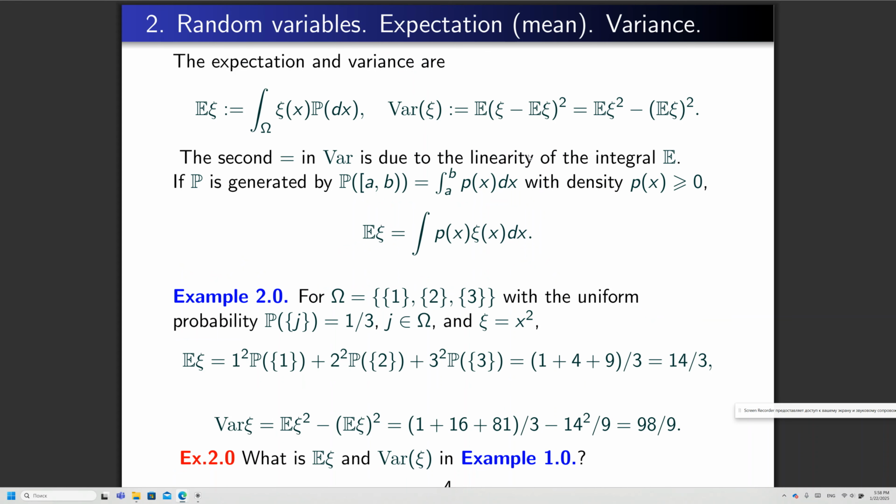Random variables, expectation, mean, and variance. The expectation is just the average of the random variable over the probabilistic space with this probabilistic measure.